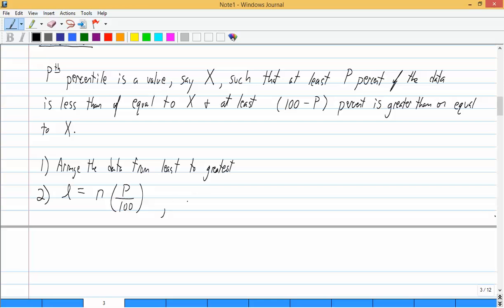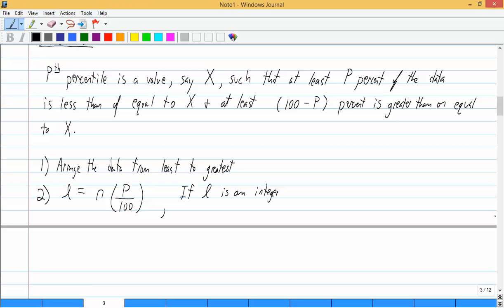So we have two conditions. If L is an integer, then we will average the data value in the Lth location with the data value in the L plus 1 location.